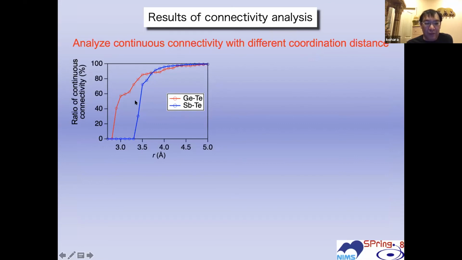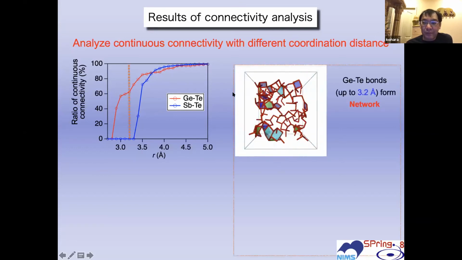In the germanium tellurium case, if we assume a first coordination distance up to 3.2 angstrom, as suggested by DFMD simulation, we can find a network, because almost 60% of germanium tellurium bonds form a network as shown here.